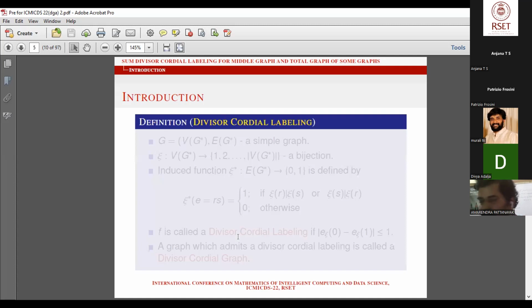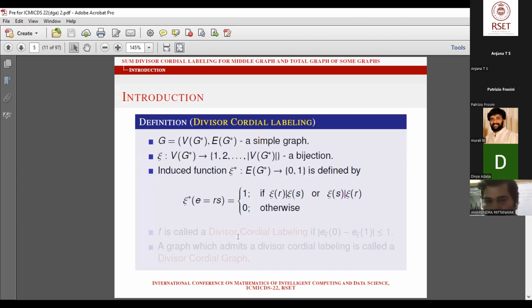This is the definition of divisor cordial labeling. Let G be a simple graph with vertex set V(G) and edge set E(G). Let f from V(G) to {1, 2, ..., |V(G)|} be a bijective function.